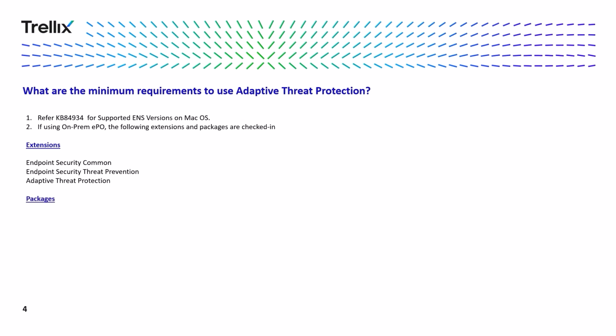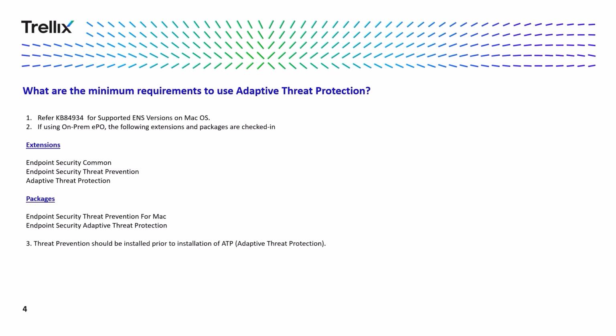The packages are Endpoint Security Threat Prevention for Mac, and Endpoint Security Adaptive Threat Protection. Please ensure the Threat Prevention module is installed prior to the installation of ATP. The system must be connected to either TIE or have an internet connection to use GTI.